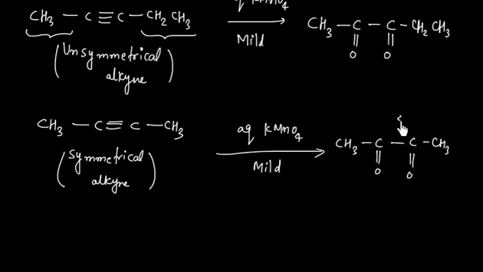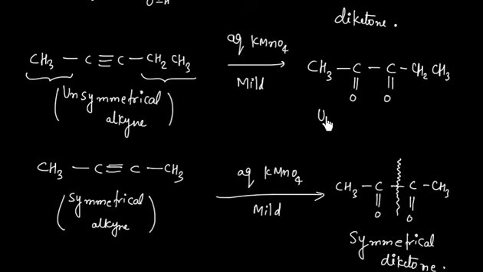So you see, if I break the carbon carbon bond from here, we will have a symmetrical diketone. So this is a symmetrical diketone. In this case, the diketone is unsymmetrical.